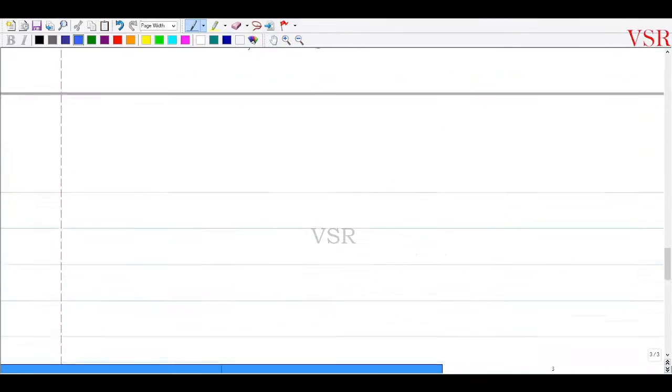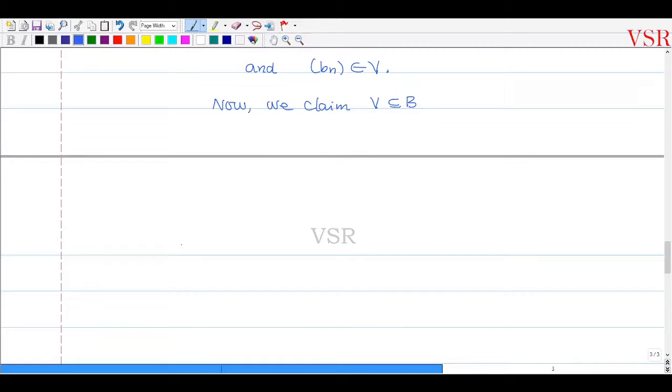Okay, suppose I'll make it big. So claim: let Cn அப்படின்னு ஒரு சீக்வென்ஸ் capital V ல எடுத்துக்க போறேன். To prove Cn belongs to capital B னு prove பண்ணனும். That is to prove that Cn is unbounded.